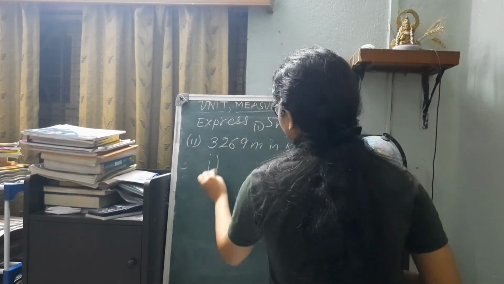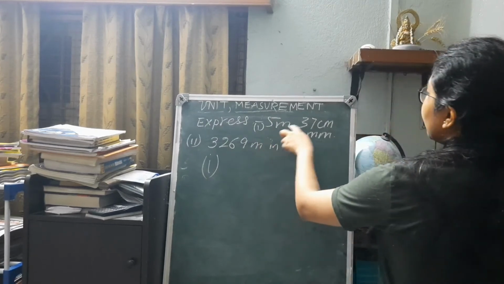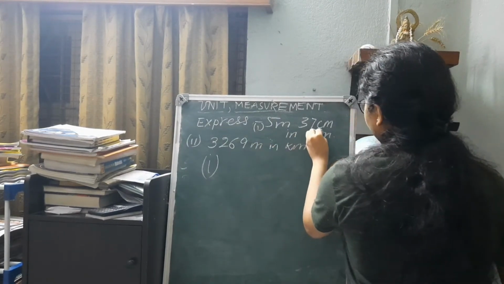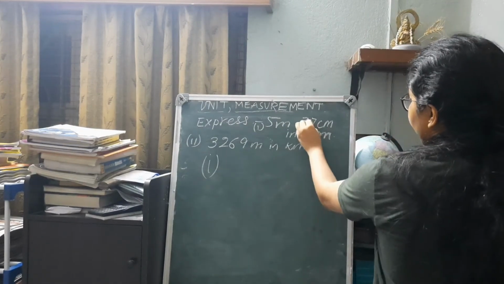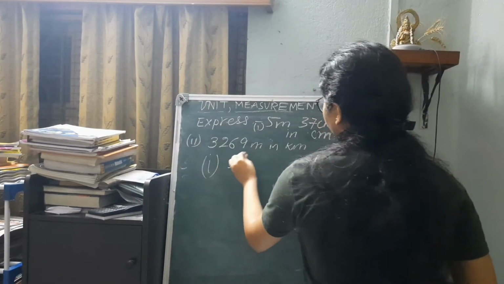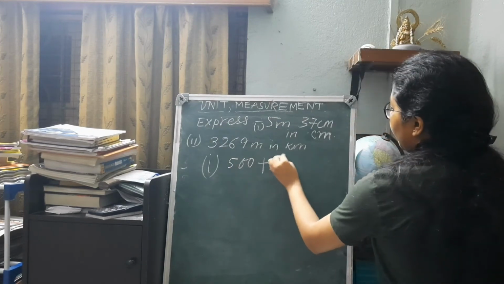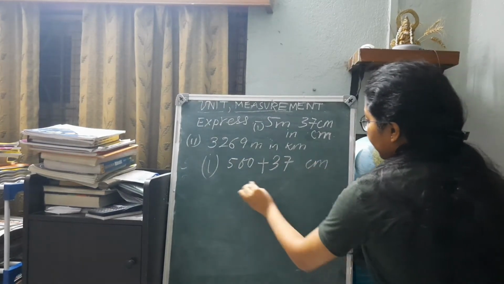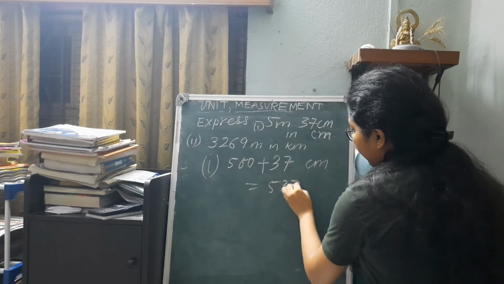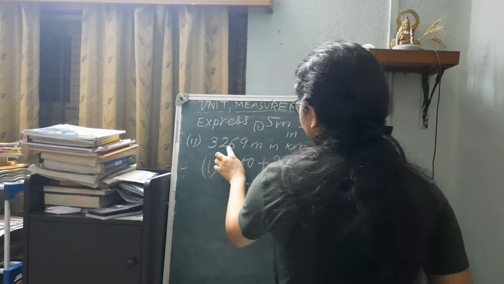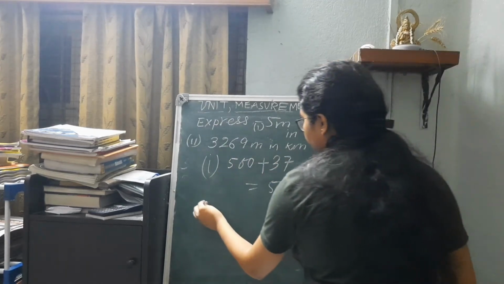The first one is expressing 5 meter 37 centimeter, which was given, in centimeters. We know that 5 meter means 500 centimeter plus 37 centimeters. So our answer is 537 centimeter. Now the next question is expressing 3269 meter in kilometer.